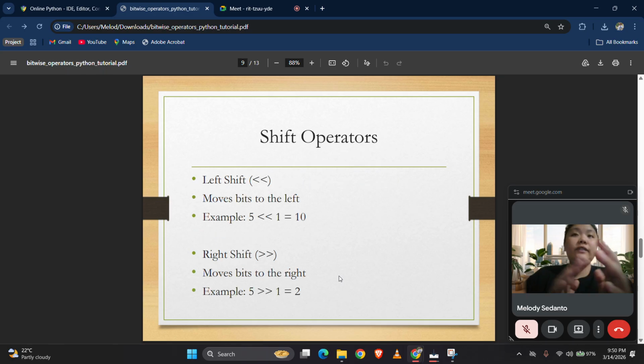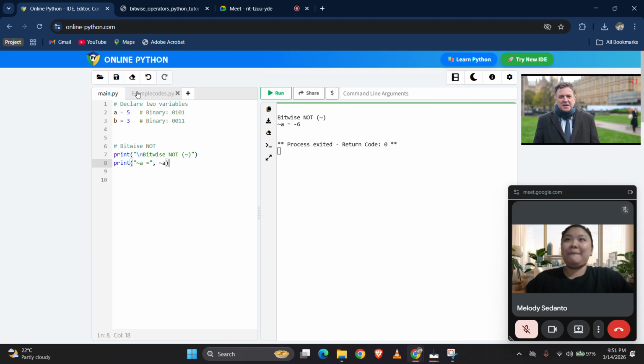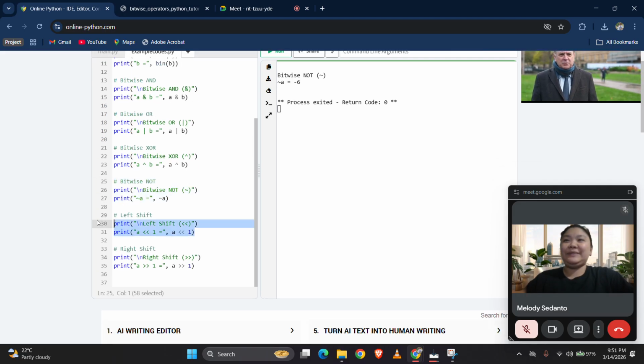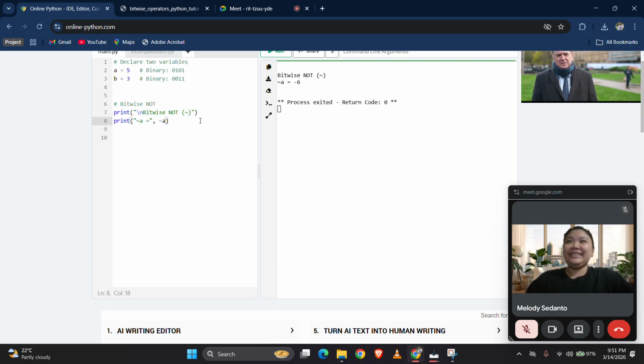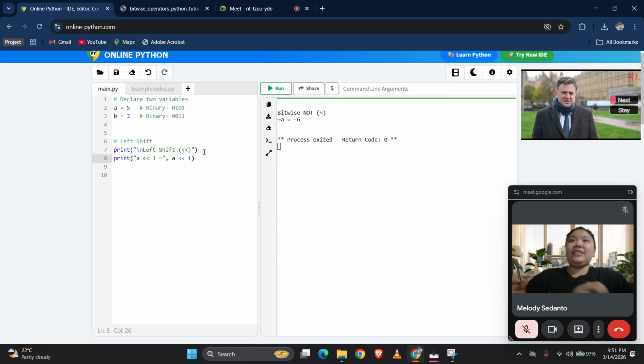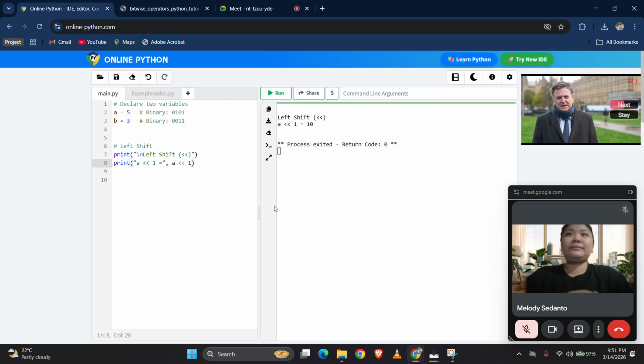So we have the left shift, where bits are moved to the left. For example, 5 left shifted by 1 is 10. So let's run the code.